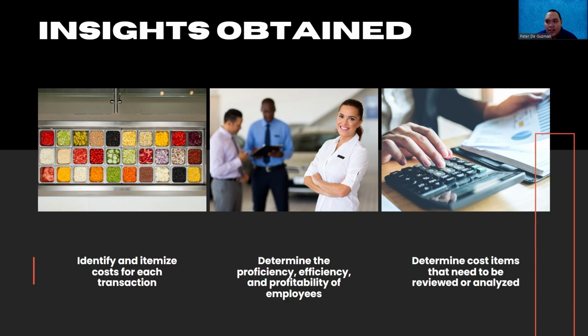But this is a very good objective, quantitative measure of how good an employee has been performing. Finally, the job costing system allows us to determine cost items that need to be reviewed or analyzed.